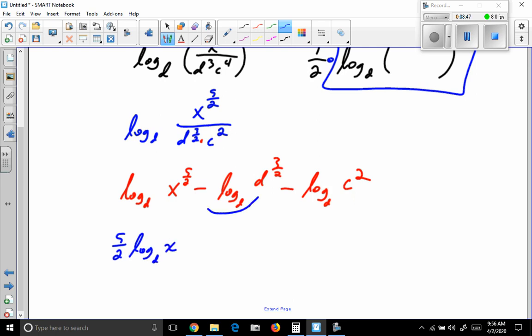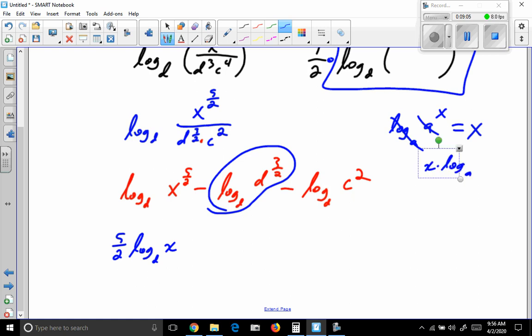For this one, we have a property that if our base here and our base here are the same, essentially those undo each other, leaving us just the exponent. You could also see that as if you bring the x out front, if this and this are the same, well, what exponent does this need to get to make that? Well, a 1.